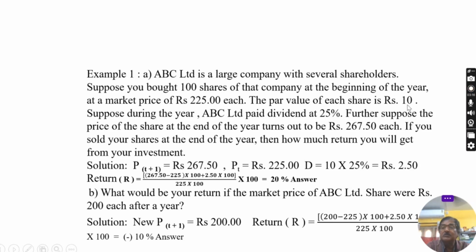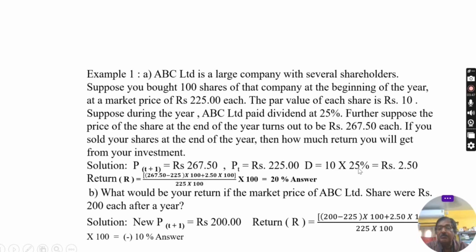The par value of the share is ₹10. Dividend I have received during the period is 25%. The company declared 25% dividend. Then how will we compute the return? This is the end period price, P(t+1), which I have already mentioned, and this is the purchase price per unit of the share.